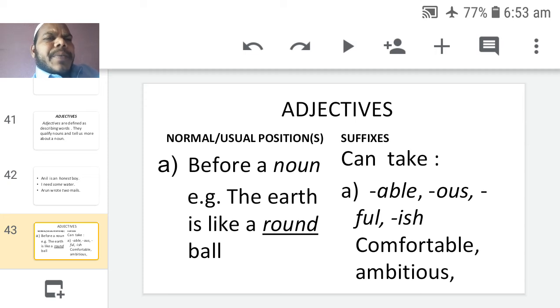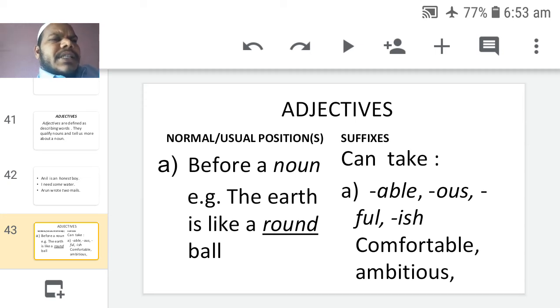So here an adjective takes a normal or usual position before a noun, as in the earth is like a round ball, and can take suffixes such as able, ous, ful, ish. These are the suffixes which adjectives take commonly.